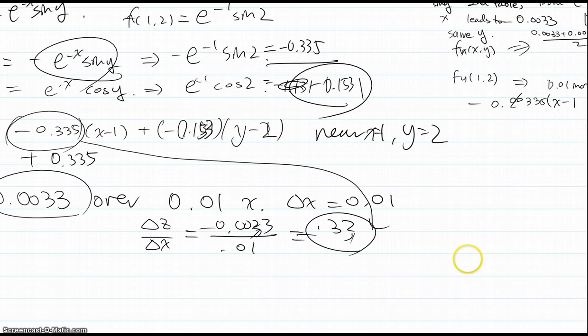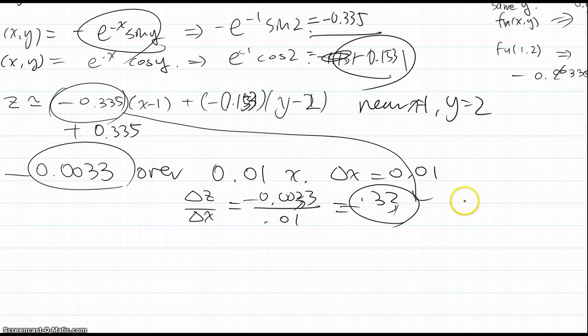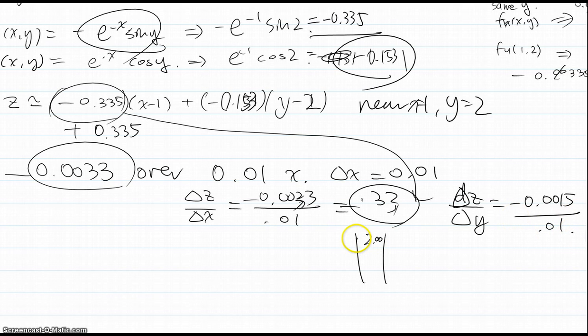Now I want to get delta z over delta y, which we got as negative 0.0015 over 0.01. This was constant at the rows 2.00 and 1.00.